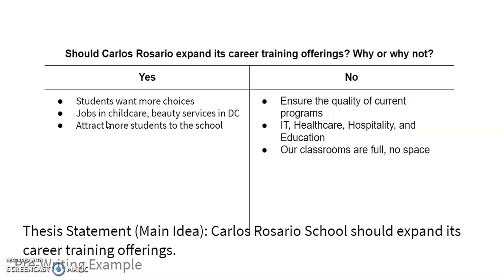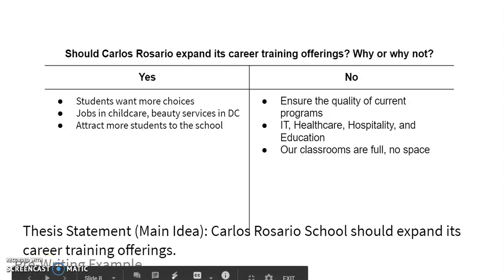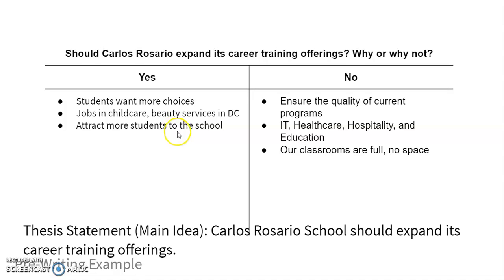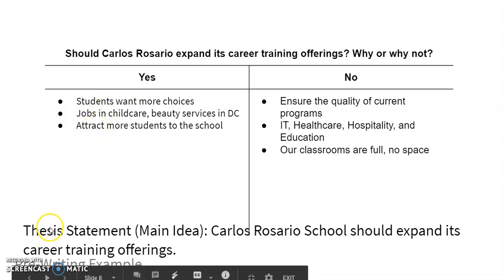I have to decide which one is stronger, jobs in childcare beauty services at RNDC or attracting more students to the school. So I think I'm going to focus on attracting more students to the school. I think that's a stronger reason right now that the economy is not very good because of the pandemic. So I'm not going to use this one. I'm going to use this one for my second body paragraph.